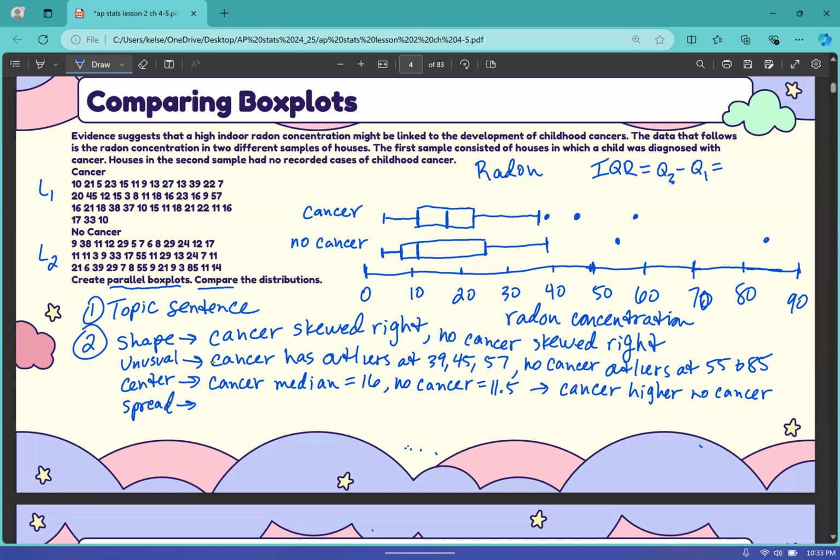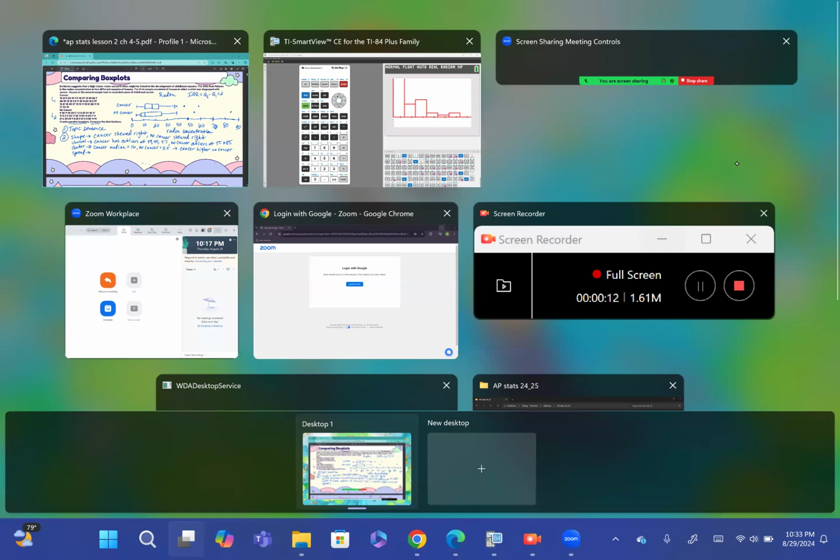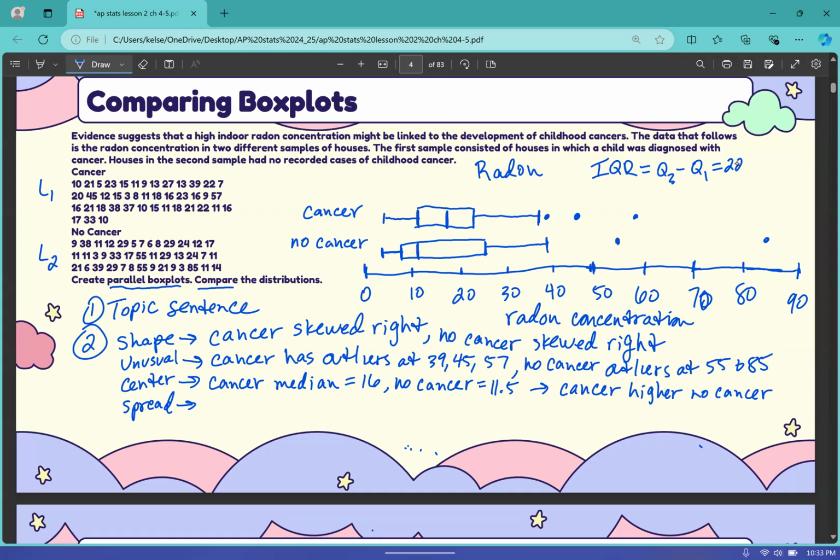For the Cancer ones, Q3 is at 22 and Q1 is at 11, so 22 minus 11 is 11. For the non-cancer one, Q3 is at 26.5 and Q1 is at 8.5, so that comes out to be 18.